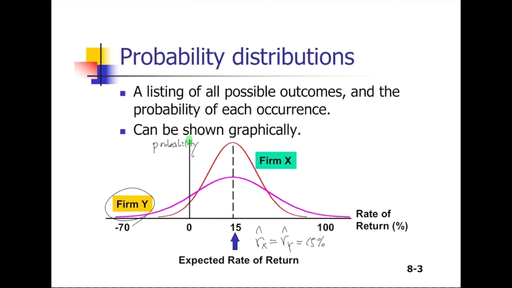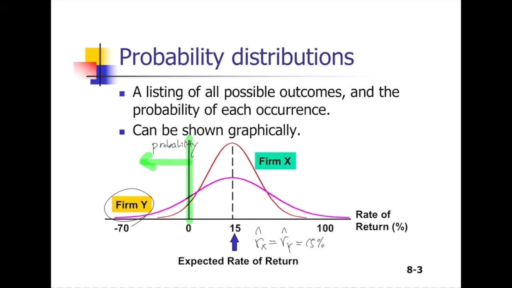As you can see, on the left side of 0, plan Y is greater than plan X. So plan Y has more probability of losing money. Of course, as you can see, plan Y also has more chance to get more money.